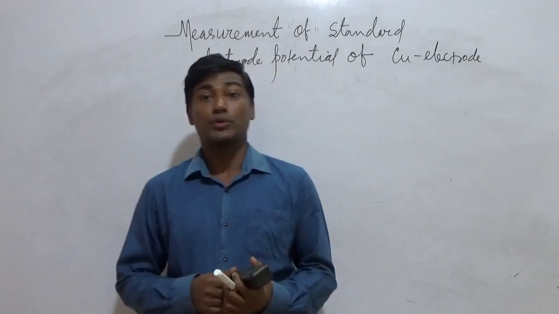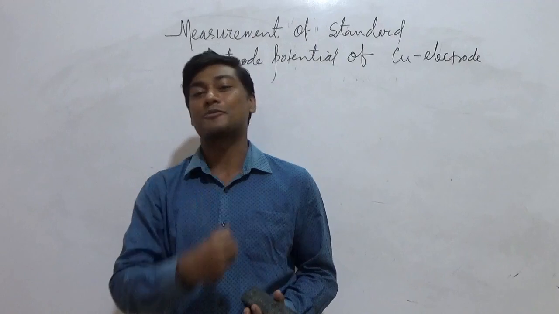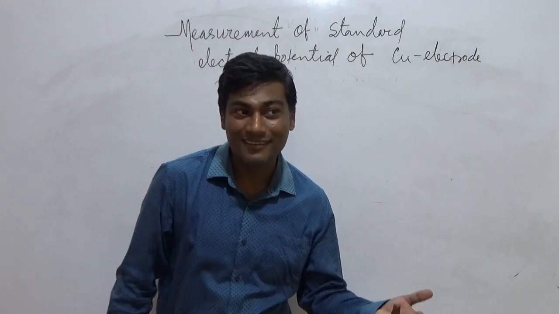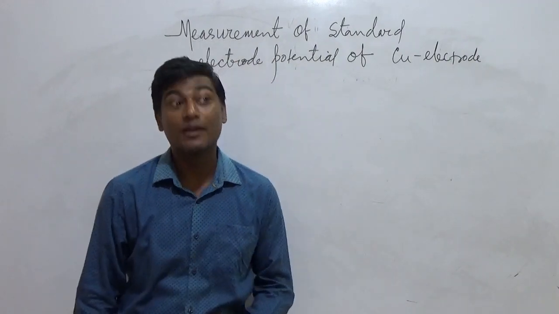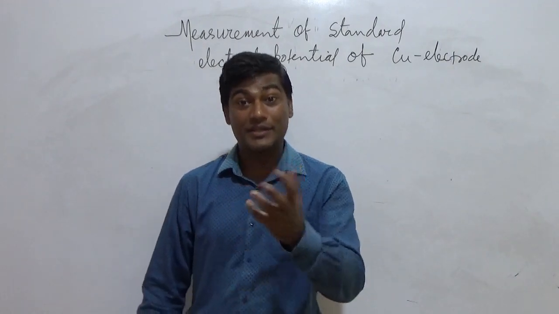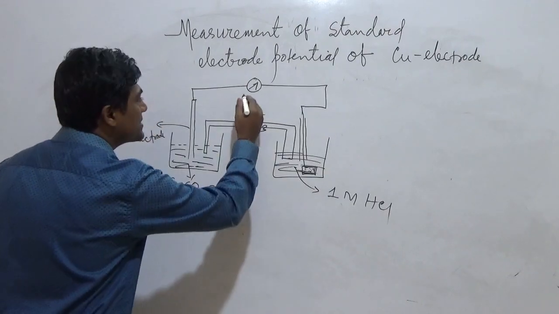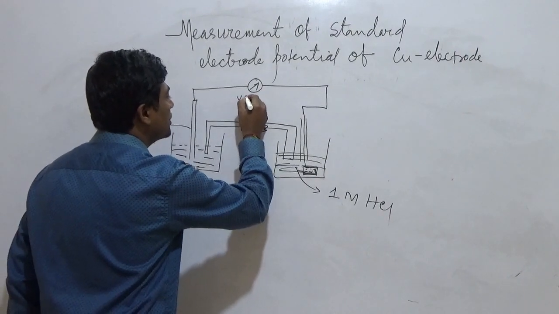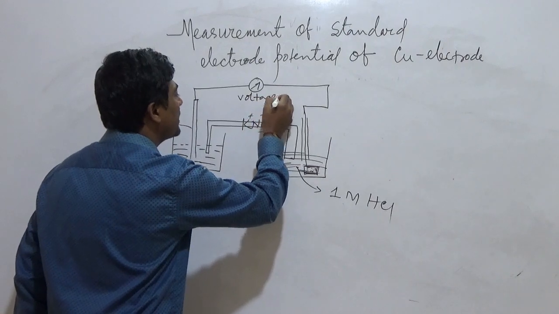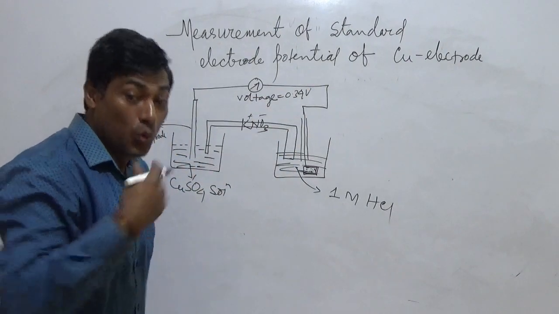Here also we will have to couple the copper half cell with the reference electrode. What's that? Standard hydrogen electrode. Did you get me? So after you couple them, now a steady, that means constant, voltage of 0.34 volt is observed.